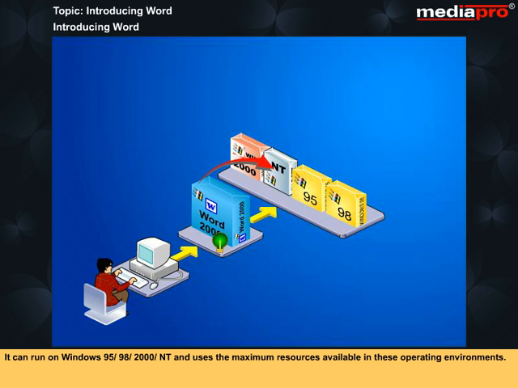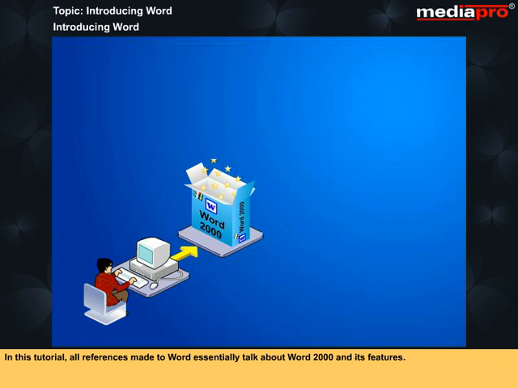It can run on Windows 95, 98, 2000 or NT and uses the maximum resources available in these operating environments. In this tutorial, all references made to Word essentially talk about Word 2000 and its features.